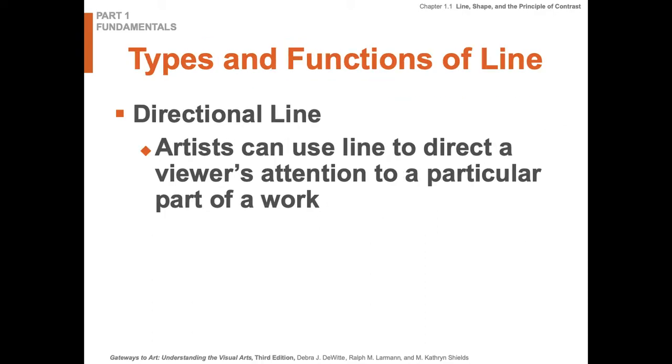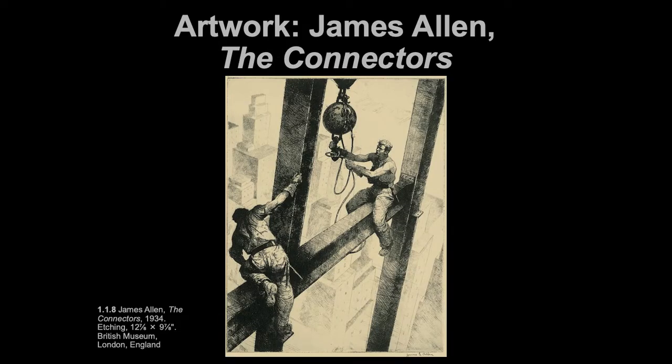So we're going to get into directional line, and this is really important, and I do ask for this in the writing. So we're going to focus a little bit on how artists use line in a work of art to get our attention. In this particular piece, the connectors, we get an immediate sense of almost vertigo, they're up high and it's spooky.